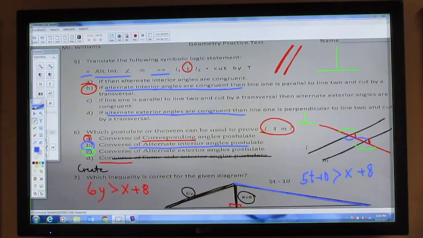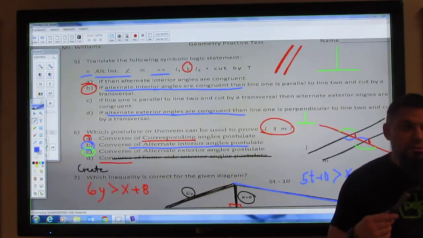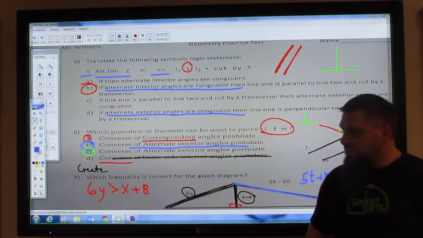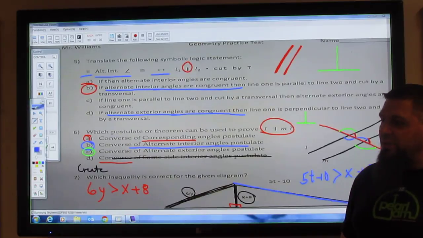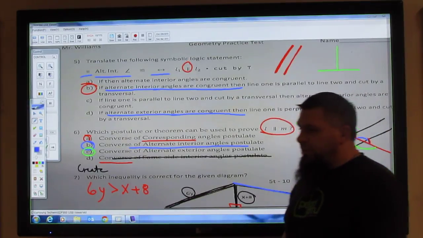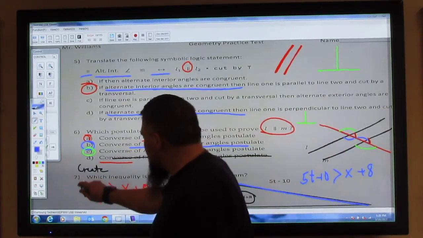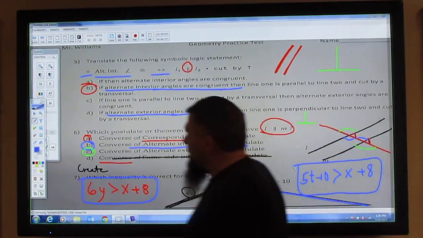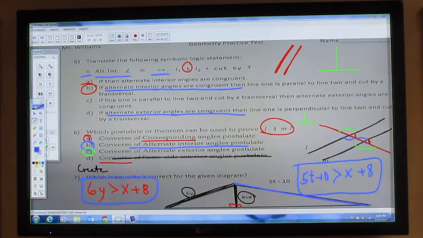So those are 2 things that are true, and that's all I'm asking you to do. You have to know that the hypotenuse is the longest side, and then know how to write an inequality. That's all I'm asking. 2 inequalities, this one and this one. And that's 5 through 7. We have 3 more problems, and we're done.